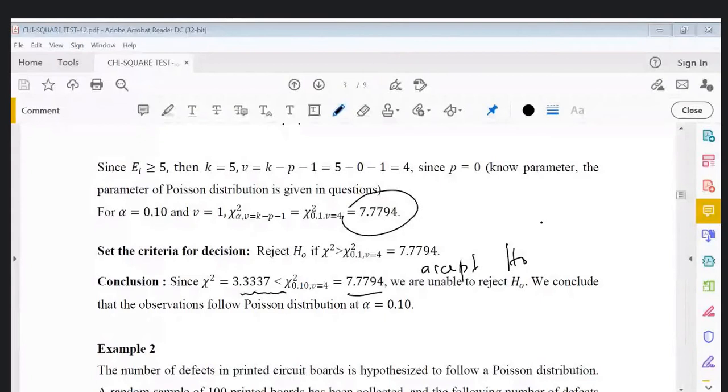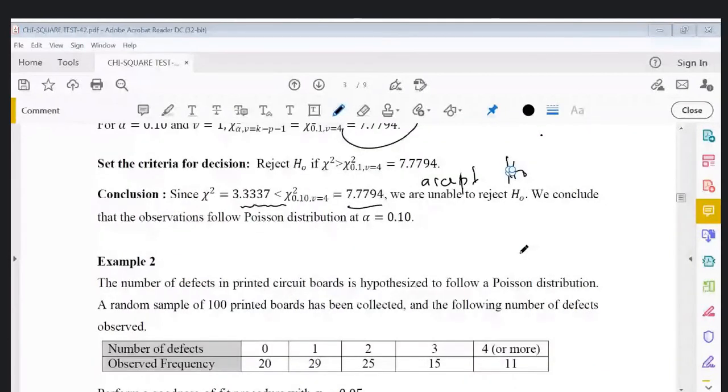Example: the number of defects in a printed circuit board is hypothesized to follow Poisson. It is a statement that it follows Poisson.